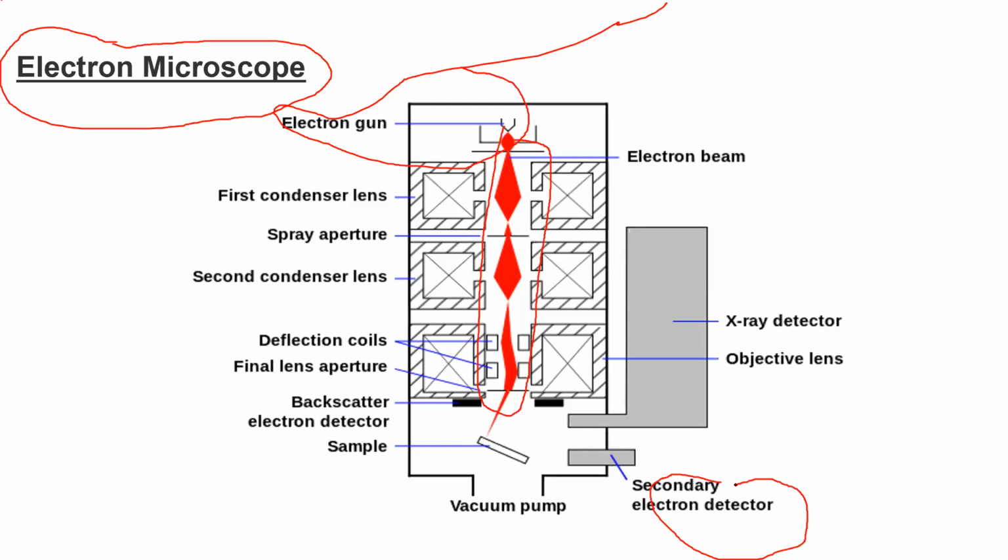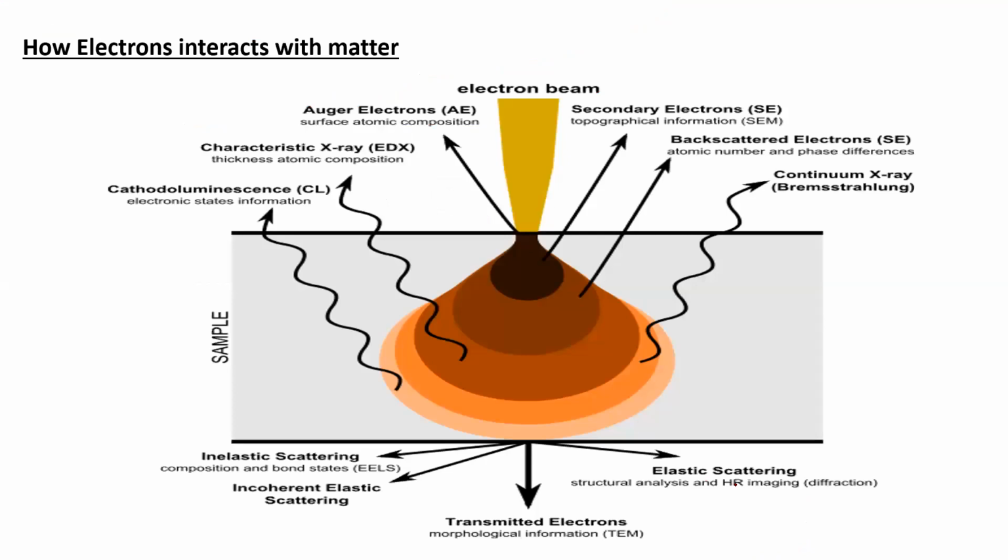Electrons can interact with the sample in a number of ways. Now let us see how the electrons interact with the sample.